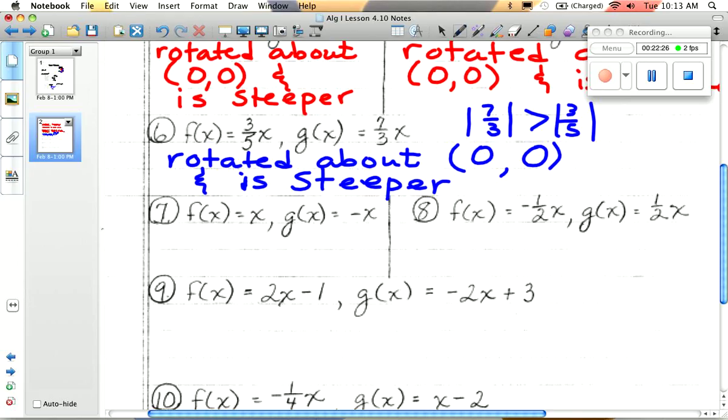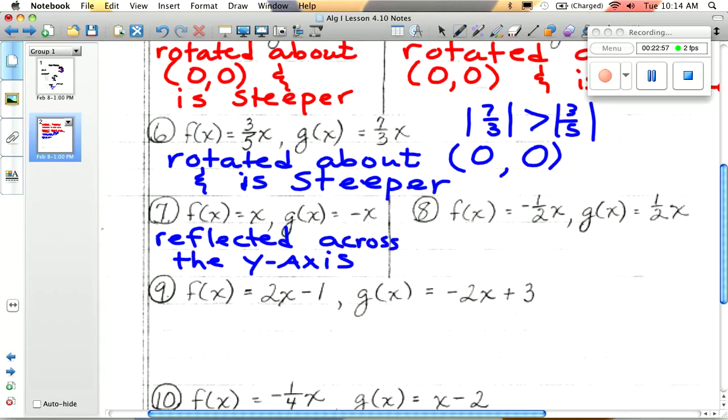Because the slopes are opposite of each other, what happened? Reflected, yeah, reflected across, which axis did we say we're going to talk about? The y-axis. Okay, and when we talk about a reflection, we get to just talk about what it reflected over. That's all we got to worry about.